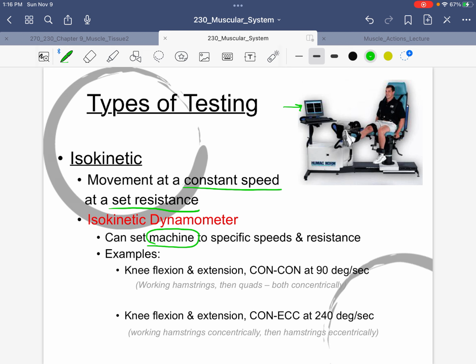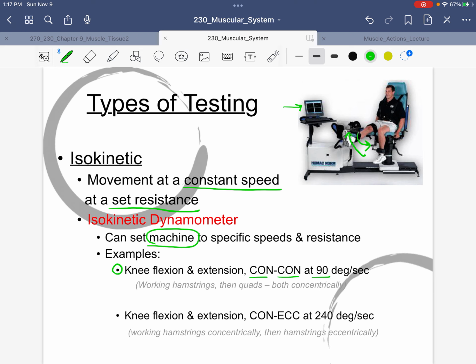So we can do all sorts of fun combinations, folks. I can do knee flexion and extension, concentric, where the machine allows me to concentrically do knee flexion. It applies resistance, so I have to pull back. And then it applies resistance in a different way, so I push out. Concentric.